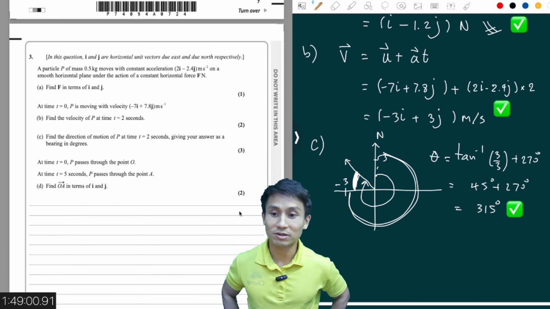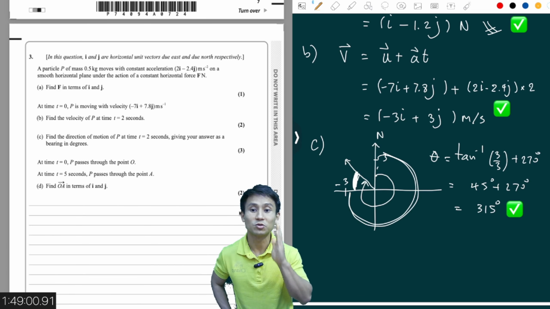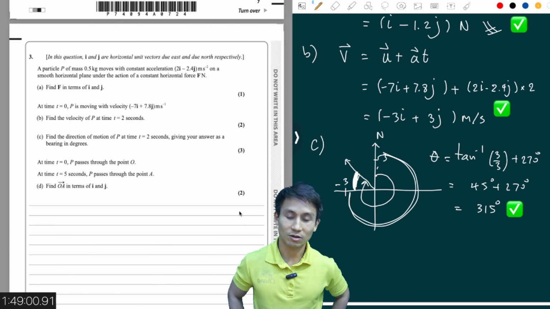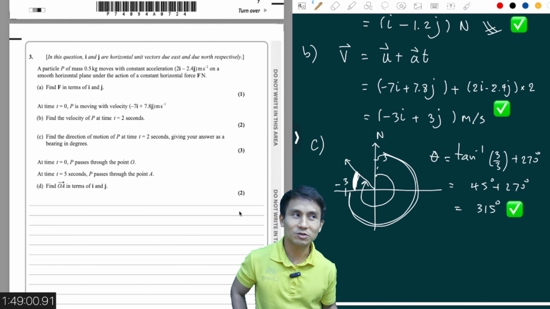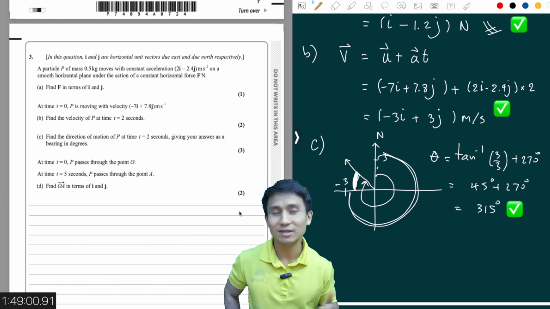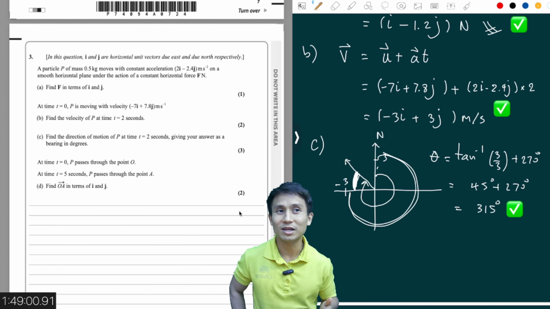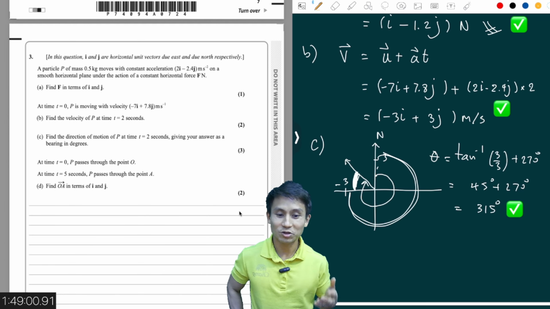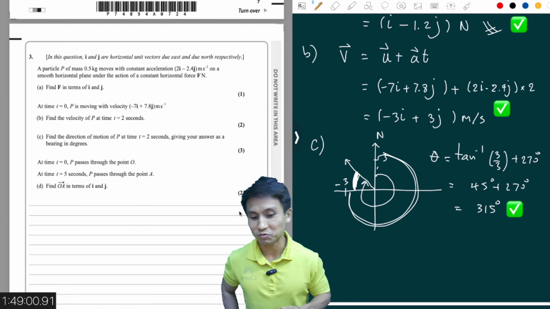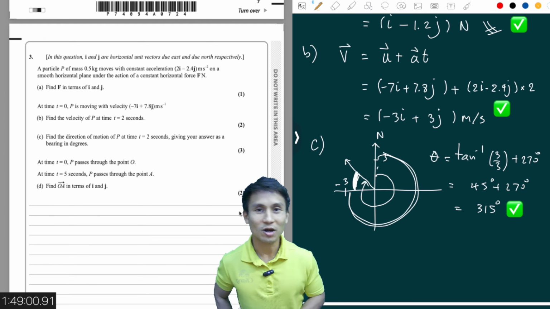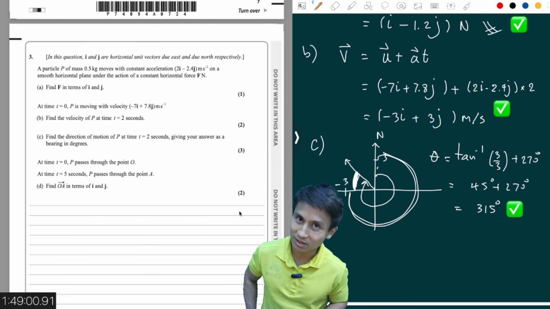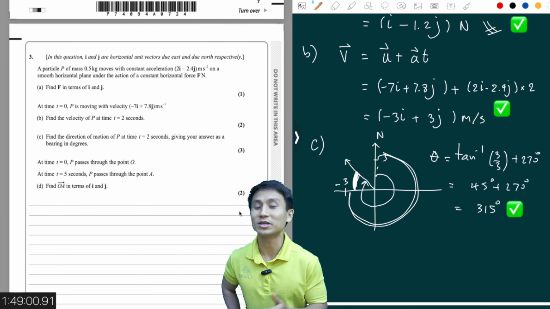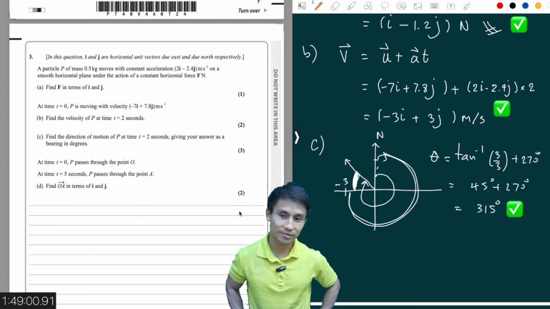Whenever it asks about the direction of motion, you refer to the velocity vector. There is a rare case where you refer to acceleration instead. That is when you don't have any initial velocity, and you start from rest, and then you exert a force on the object. So after you found the acceleration, you use acceleration as the direction of motion when it starts moving.